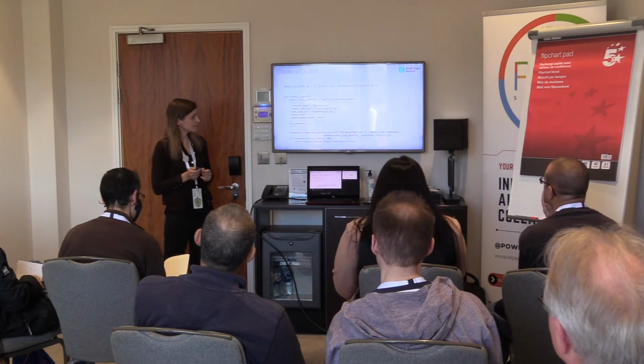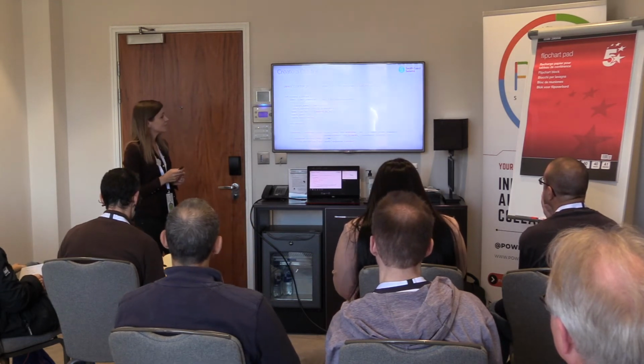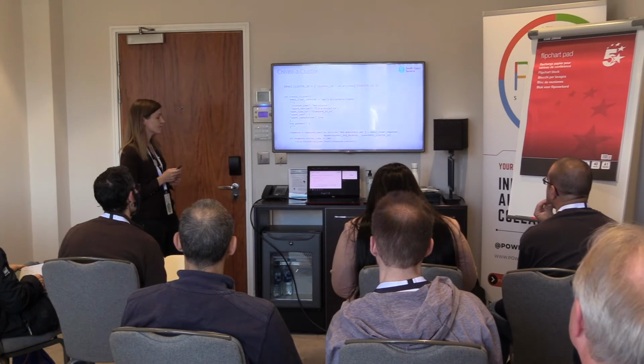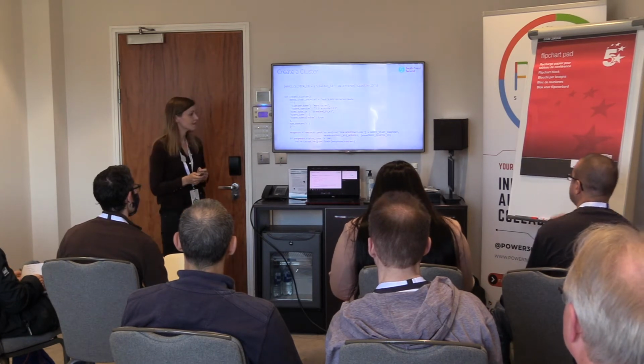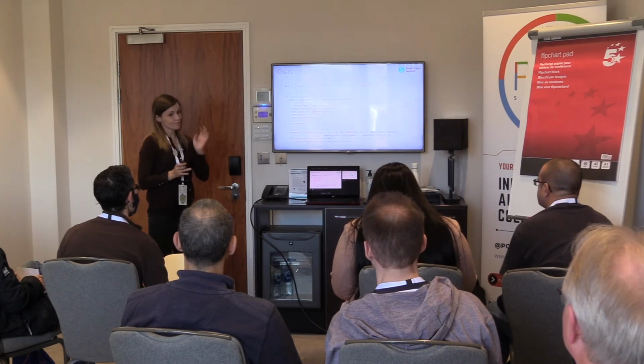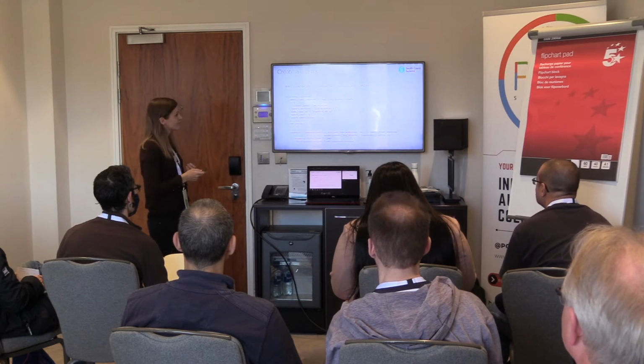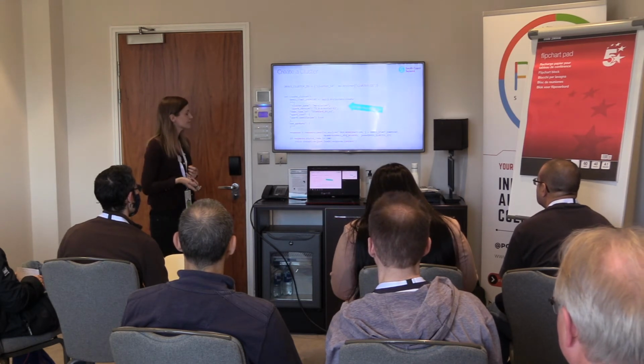So looking at some code, what have we got here? We have some Python which is working with that REST API. I don't have time to show you it all, but you can go to the GitHub repo. What we've got here is a method where we're creating a cluster.